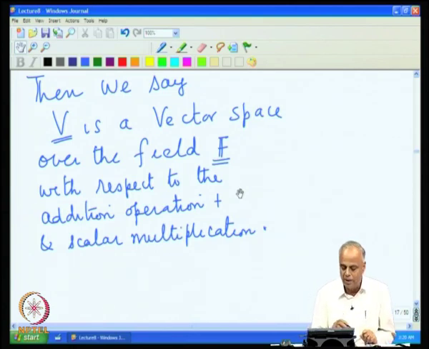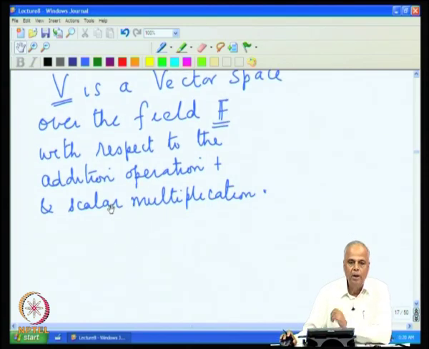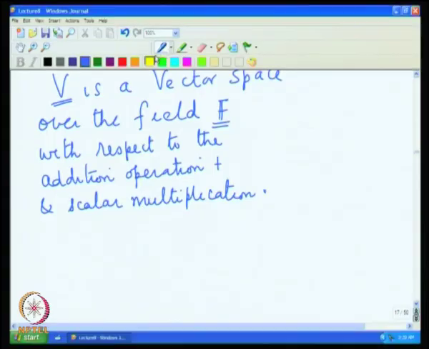This will still be a vector space over F, but it will be a vector space over F with the new operation. So, in a vector space there are 4 important ingredients. One is the set V, one is the field F, and the operation plus addition and the scalar multiplication operation dot. Together with all this, we get the notion of a vector space.